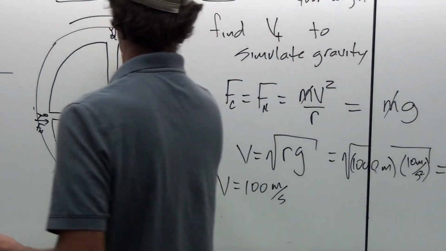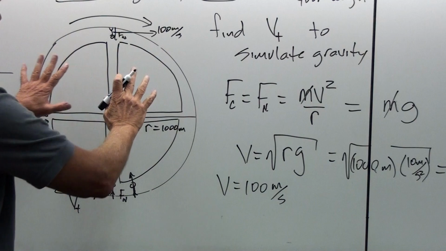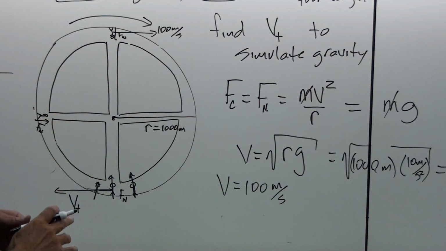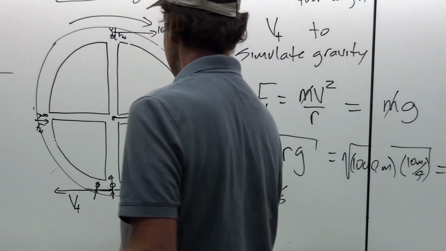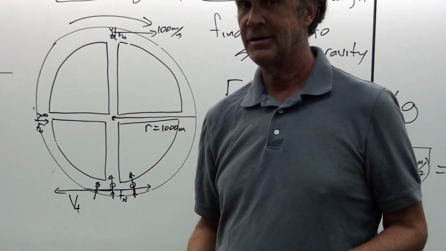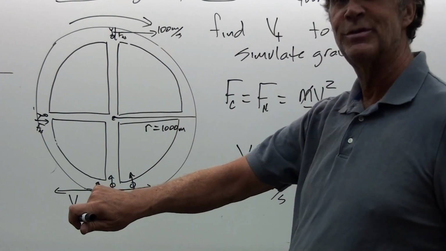Let's say this thing's going at 100 meters per second relative to someone that's not rotating with the space station. Then you could turn around here and throw something this way at 100 meters per second relative to you. But relative to somebody that's out here looking, it wouldn't be moving at all.